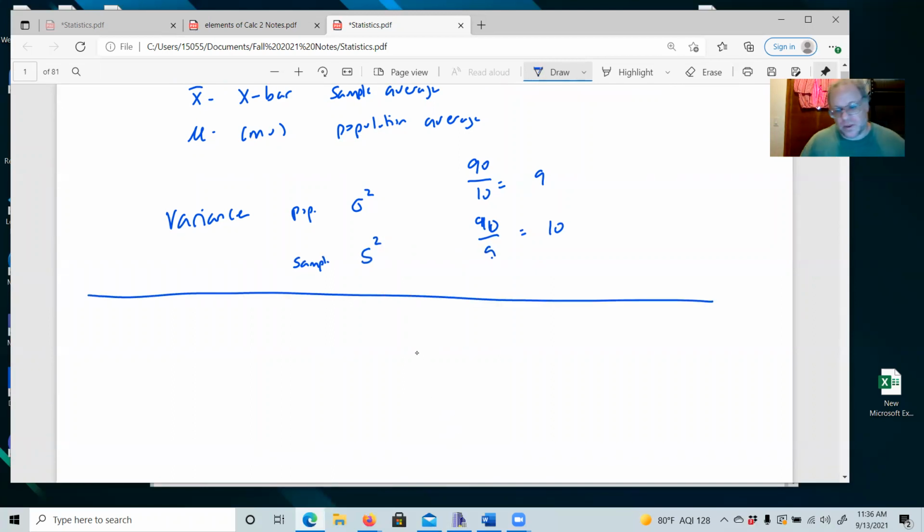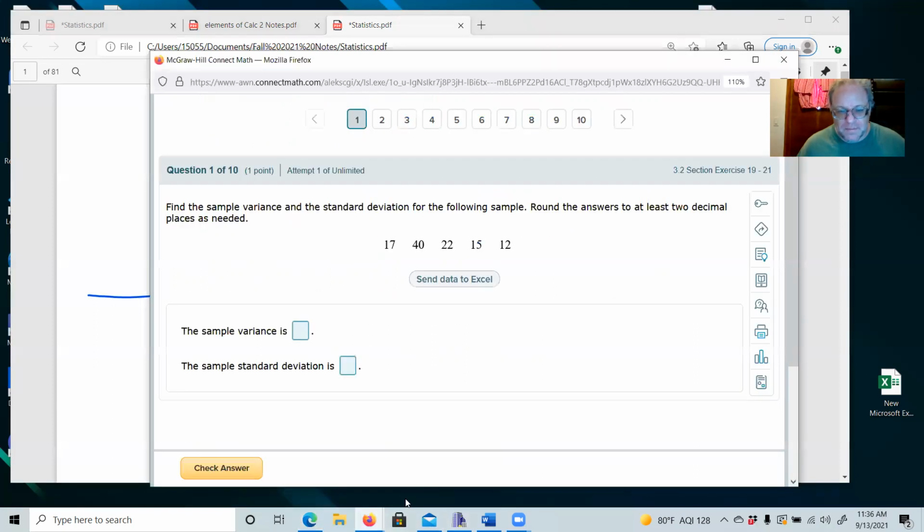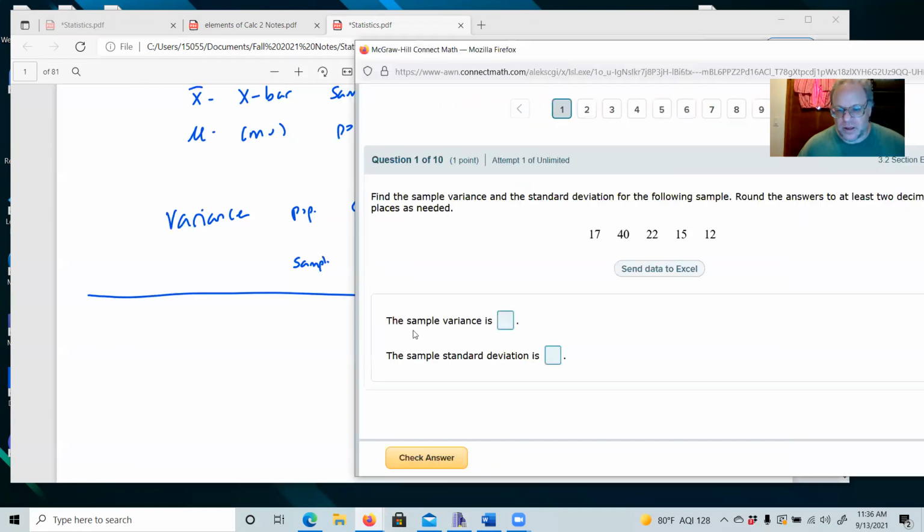So let's have a look at your homework. In this case, it says find the sample variance and the sample standard deviation for the following sample. Round the answers to at least two decimal places as needed. Problem number 1, 3.2.